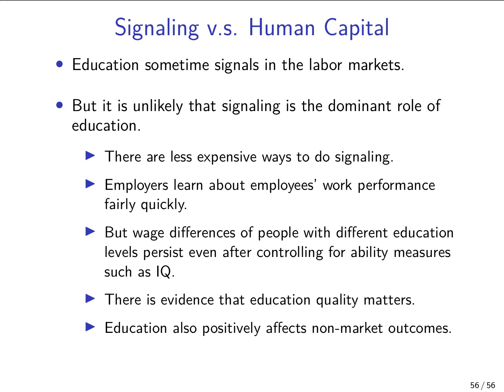And in general, to be an educated person is a good thing. There's some evidence that education could signal in some settings, but in general that probably is not the dominant role of education. The reason is there are other, less expensive ways to do signaling.